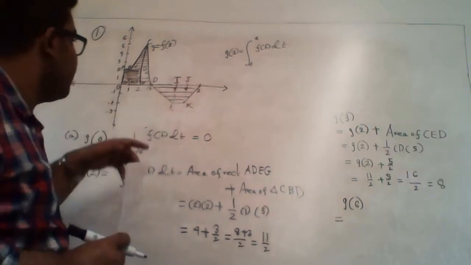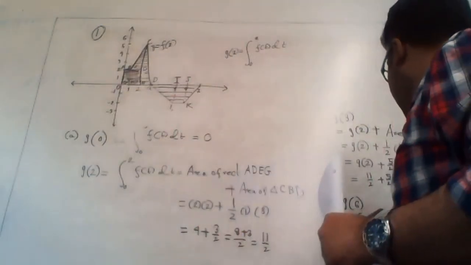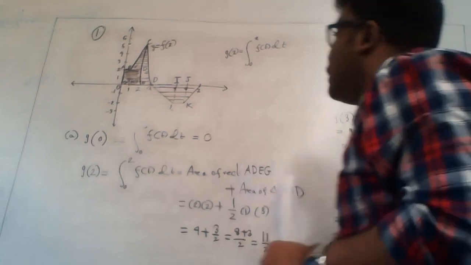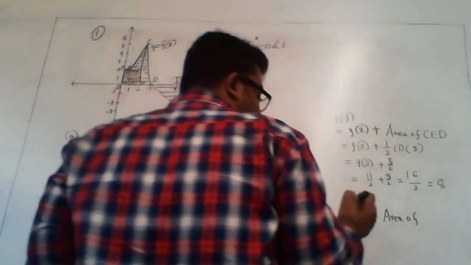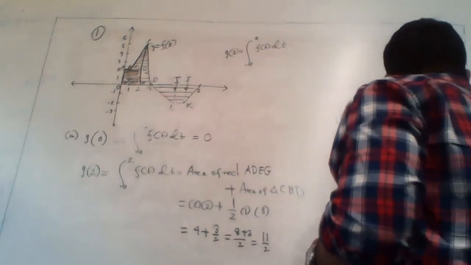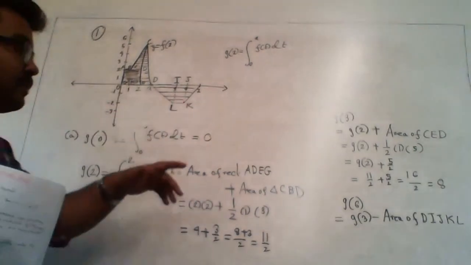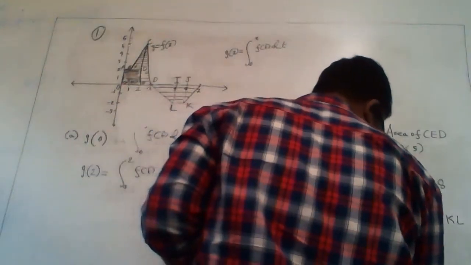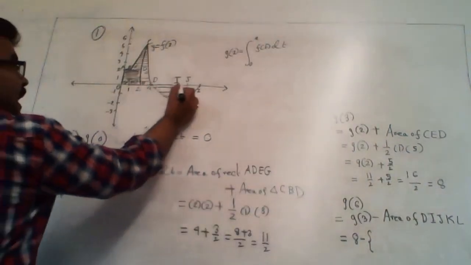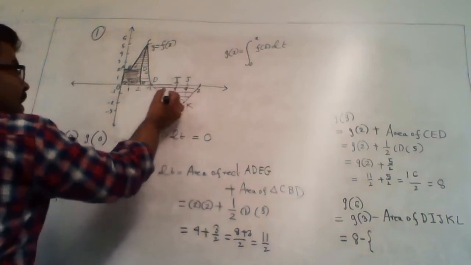So g of 6 will be g of 3 minus area of DIJKL. Right? Now g of 3 is 8, and area of DIJKL can be divided into one triangle and a rectangle.